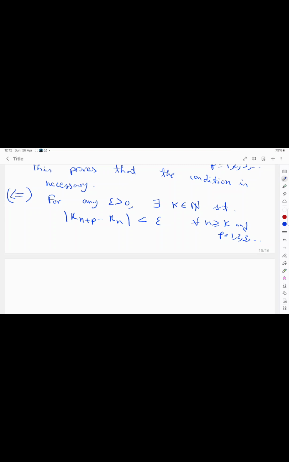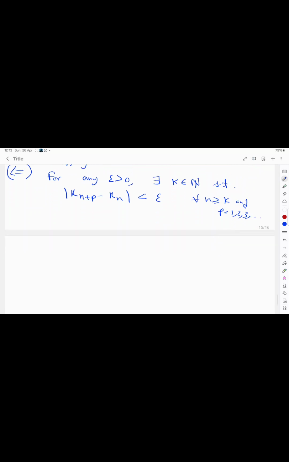For this, how do you construct it? First you will show that your sequence xn is actually bounded. Then whenever you have a bounded sequence, it has a convergent subsequence. By what theorem?